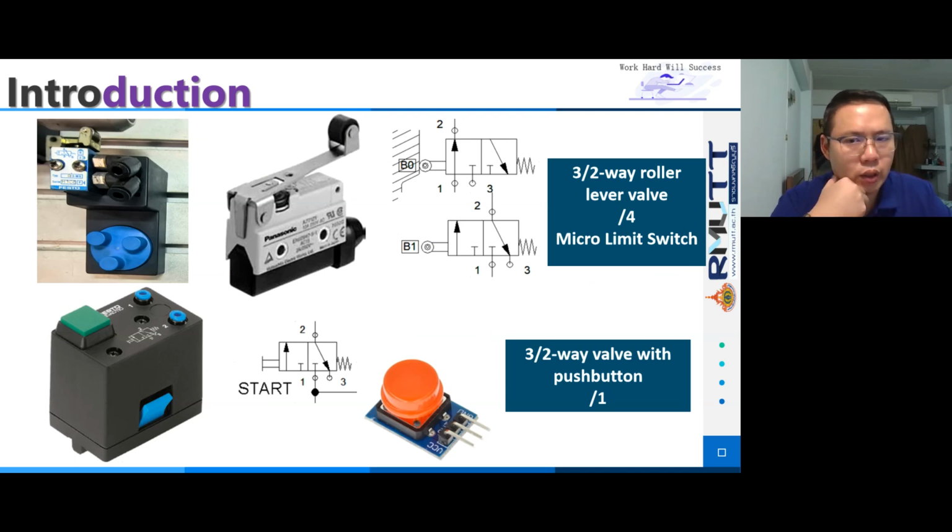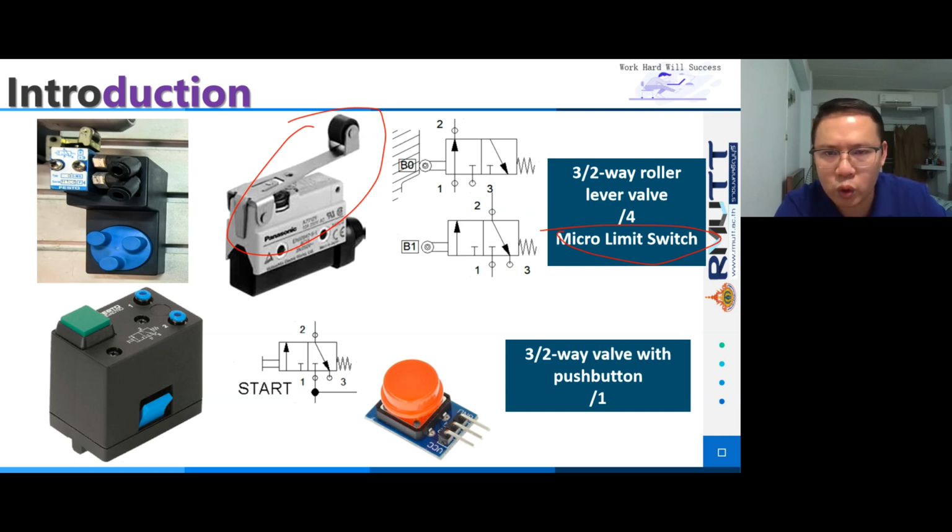The third component is the 3/2-way roller lever valve, or the micro limit switch, like this. The roller lever valve is normally closed, often used to limit the position. It is operated by pressing on the lever, and the flow passes through from 1 to 2.